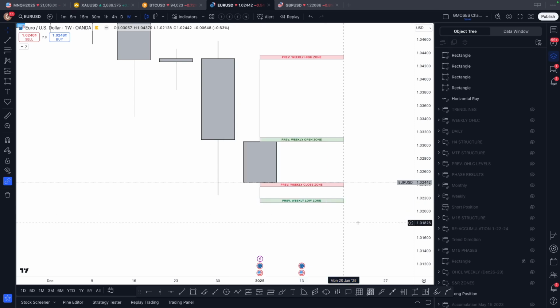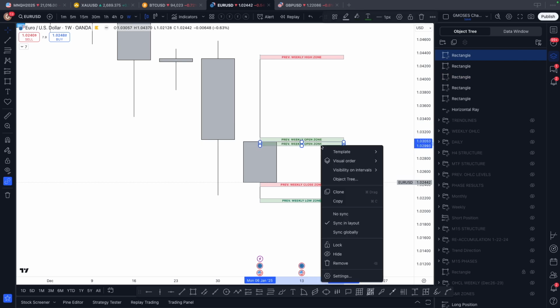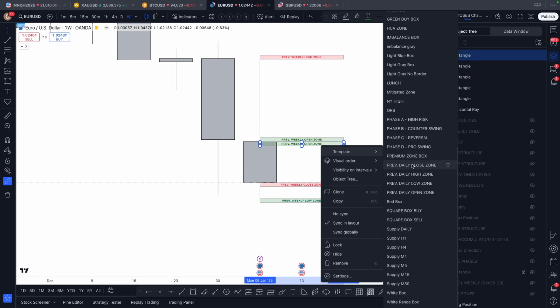Okay. Now, on our bearish candles only, we have additional zones. Okay. So we have an additional zone here, which will be an additional sell zone.